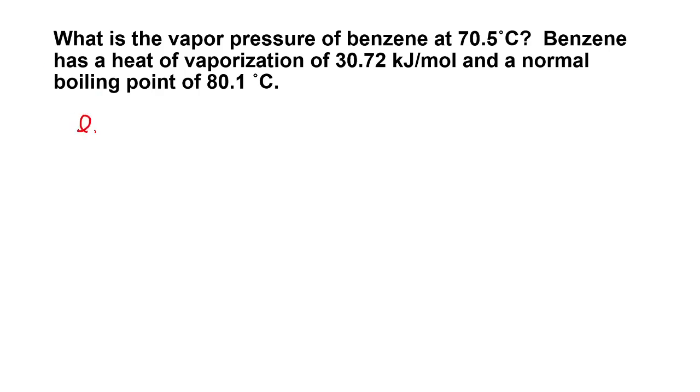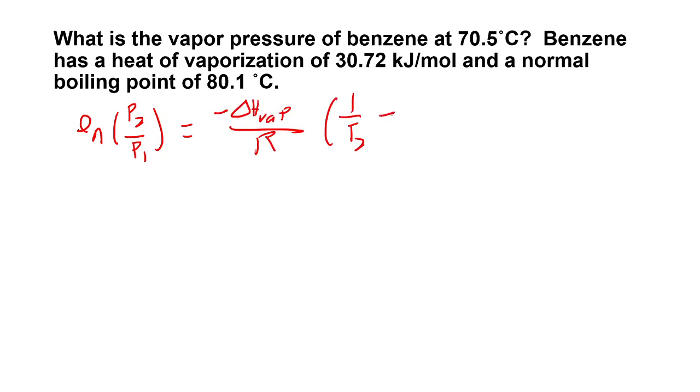For this, we get the natural log of P2 over P1 equals negative enthalpy of vaporization over R times 1 over T2 minus 1 over T1. Note that you might see a slightly different version of this if you look in a few places, and that's just because the rules of logarithms allow you to do things with negative signs.